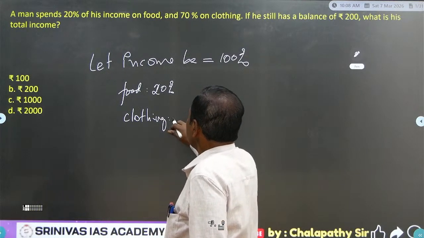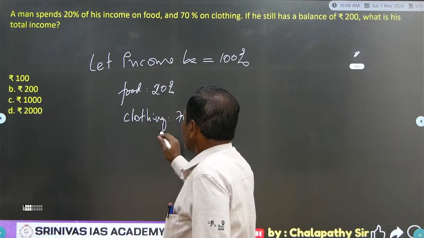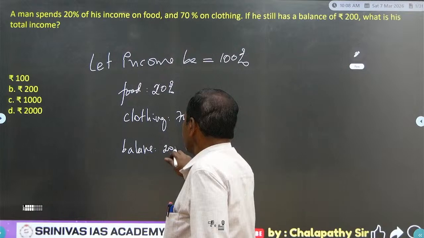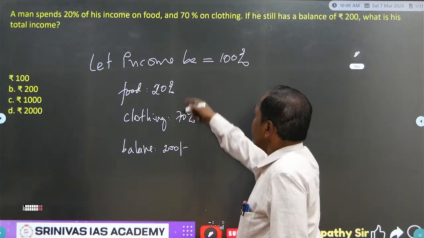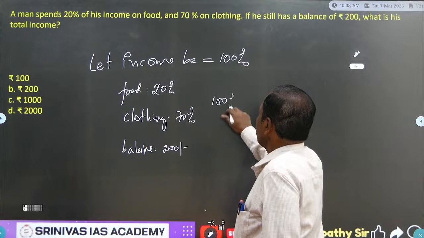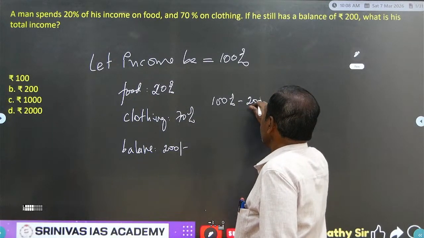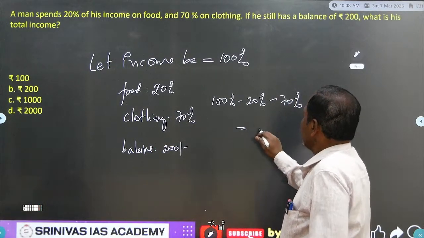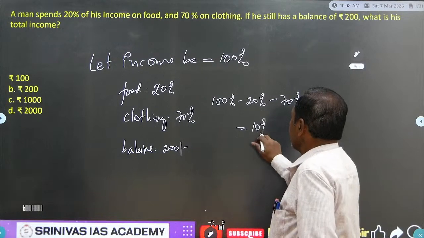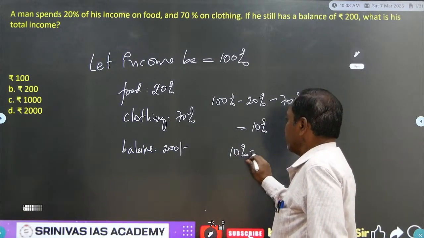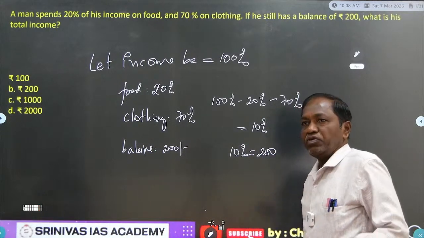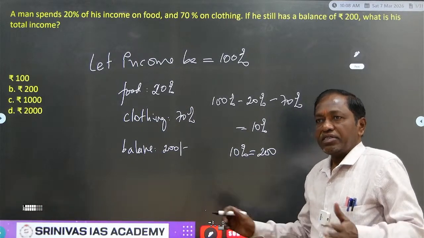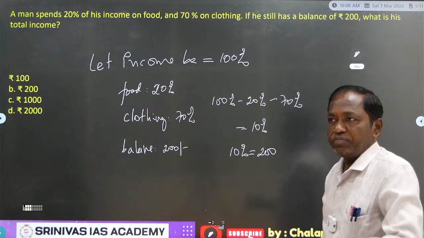Spending on clothing is 70%. And the balance is left with 200 rupees. So 100% minus 20% minus 70% is 10%. The 10% is equal to 200 rupees. When LHS is equal to RHS is drawn, we get the answer, that is the original income of the person.